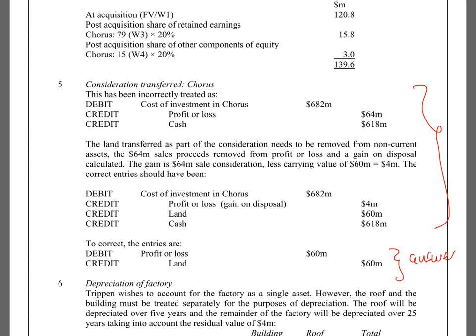So debit my P&L to reduce my profit and reduce my asset. It should be this way. Debit my investment, credit my cash, hence credit my money is wrong. This has been corrected, and this should be the way. Wrong treatment, correct treatment, to show you the difference. So in your exam, just put it down.